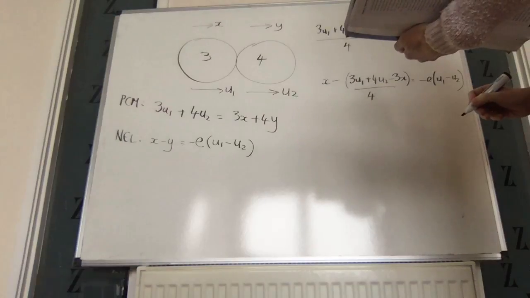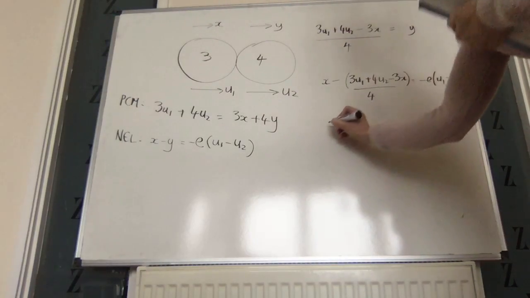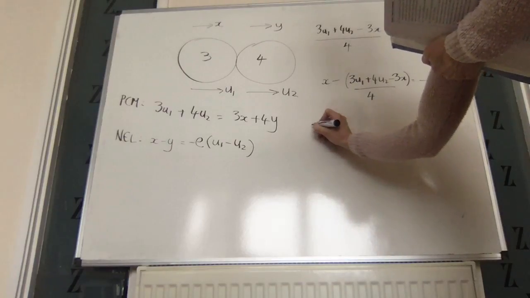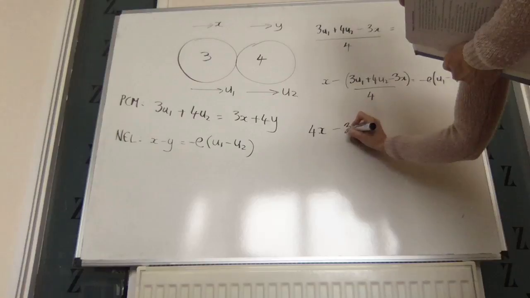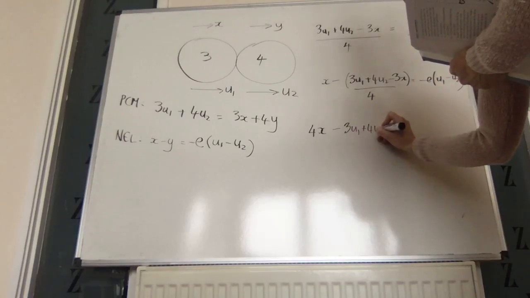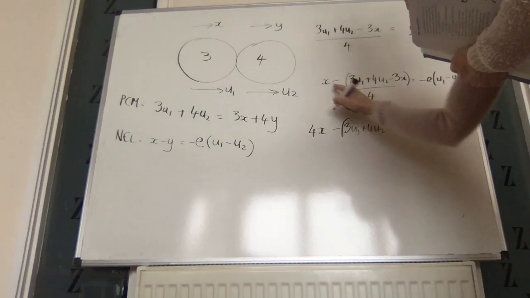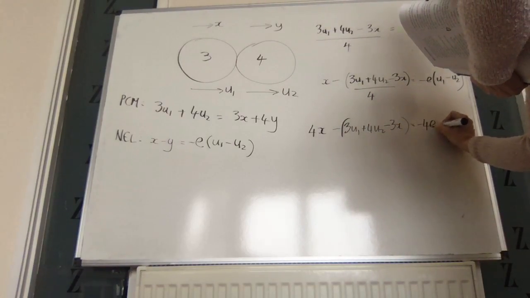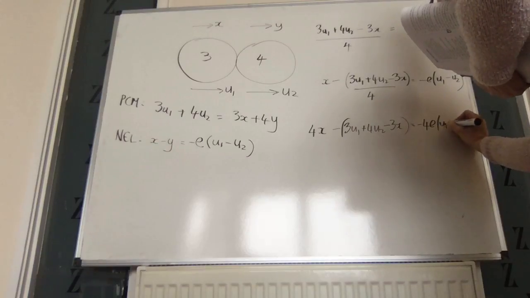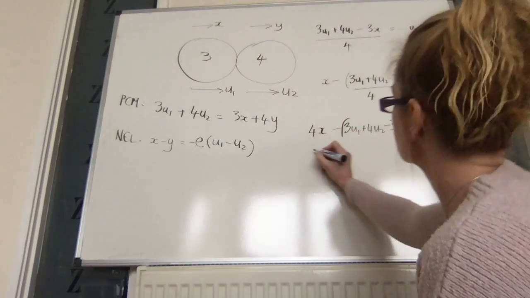They want it as 7x, so we're going to get x on one side. We're going to multiply by 4 first, so 4x minus (3u1 plus 4u2 minus 3x) is equal to minus 4e times (u1 minus u2). Now we need x on its own, so let's straighten that out.